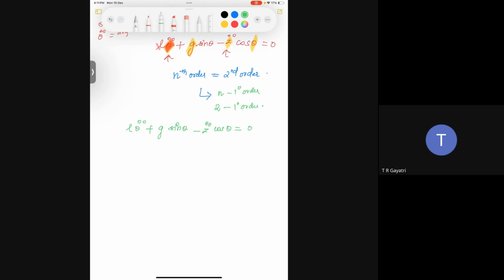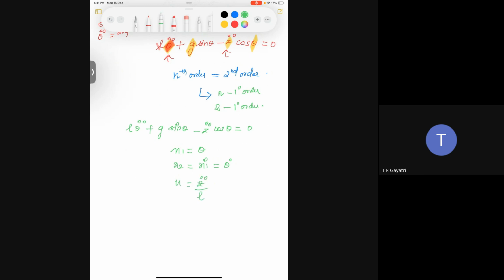First, I'm going to define the state equation. I'm going to take x1 as theta and x2 as x1 dot, that is equal to theta dot. Actually this is given in the question, so I will write it as it is.